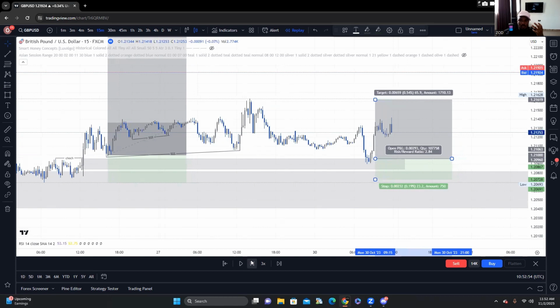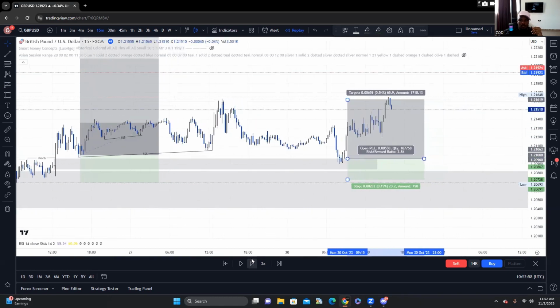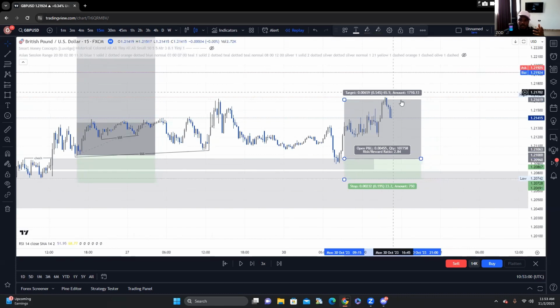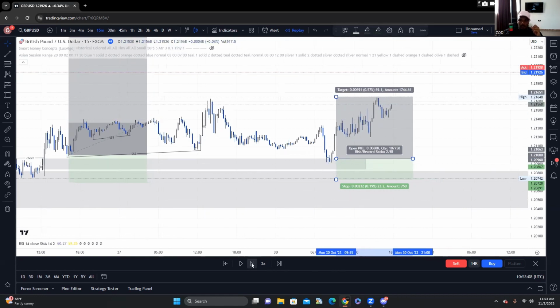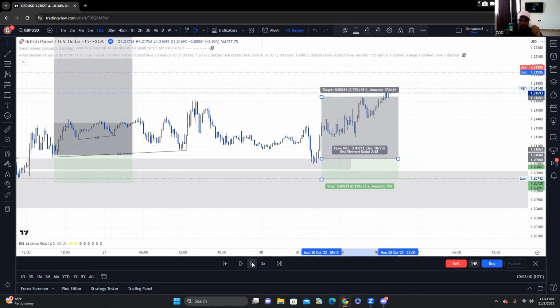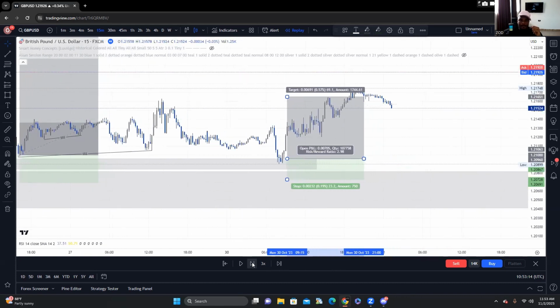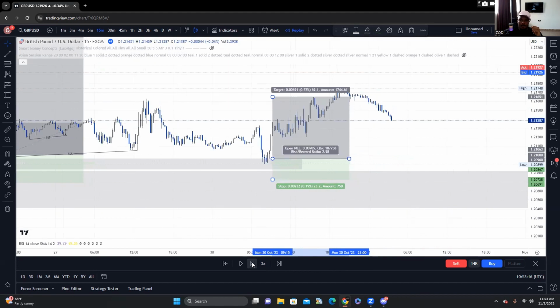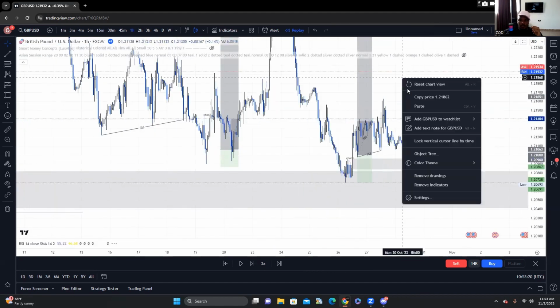Okay, so we tapped in now. And we hit our TP on 1:2.8. That's almost a 1:3 anyways. Then yeah, let's see what's up. Let's go to a 1 hour time frame so we'll make it a bit speedy.